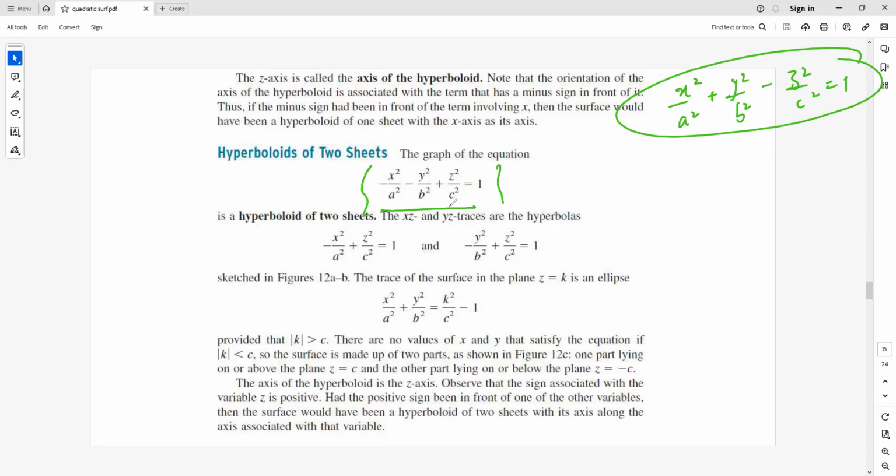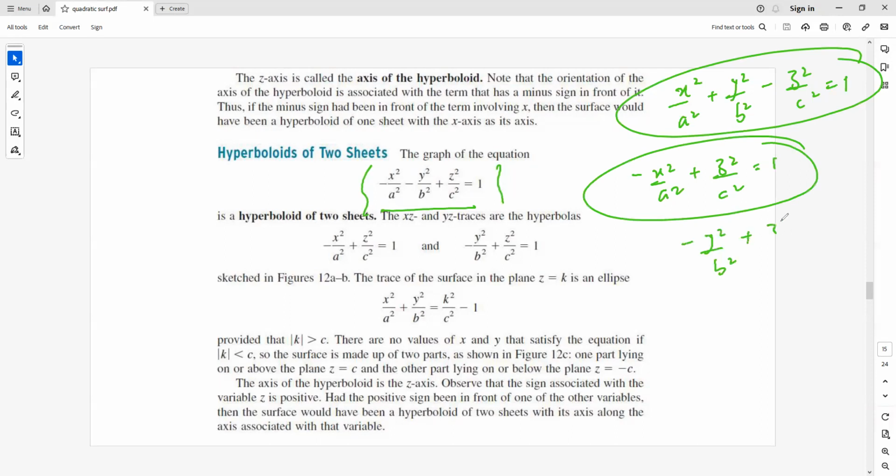The xz trace will be a hyperbola. Again, the yz trace is also a hyperbola, but the xy trace, negative x squared minus y squared equals 1.